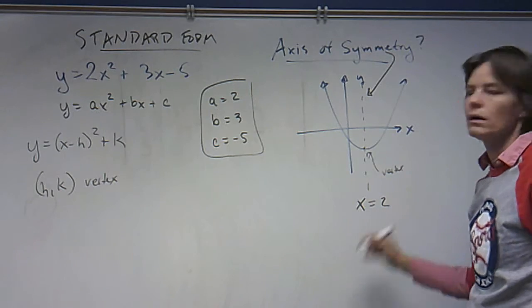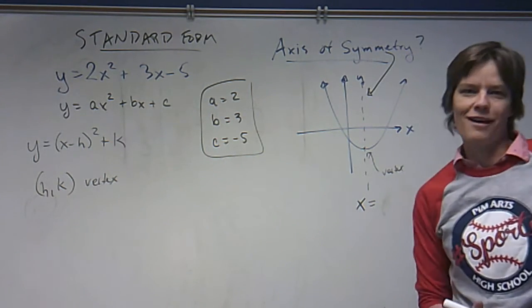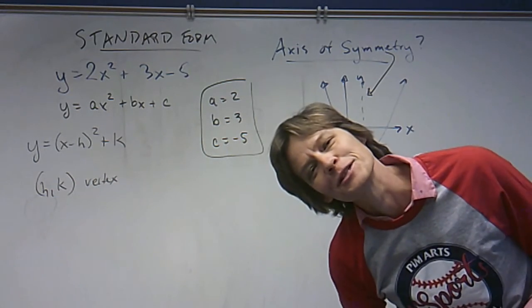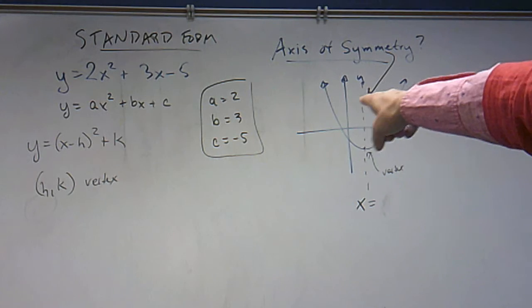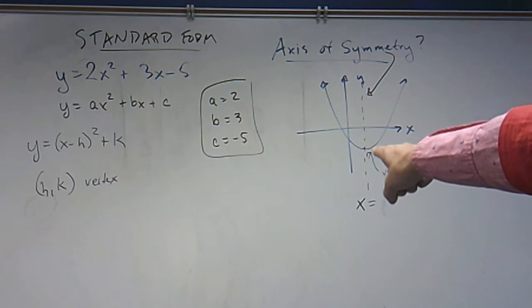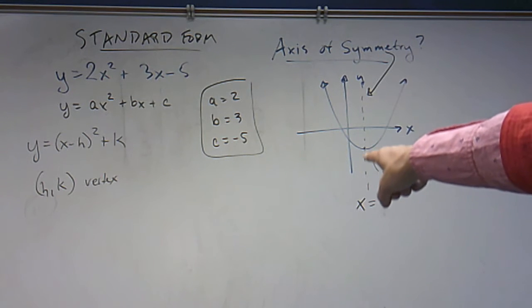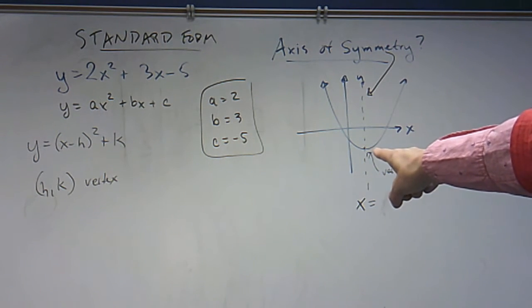We'll say 2, I don't know. We're going to get to that. In fact, I'll just say x equals, okay? Because I don't want to ruin the surprise or get your brain somewhere else. So x equals this. So this is an x equals line, and the vertex lies on that line. Do you agree?